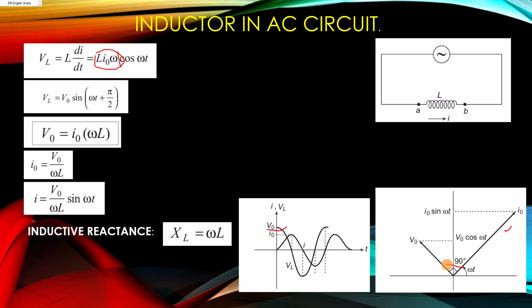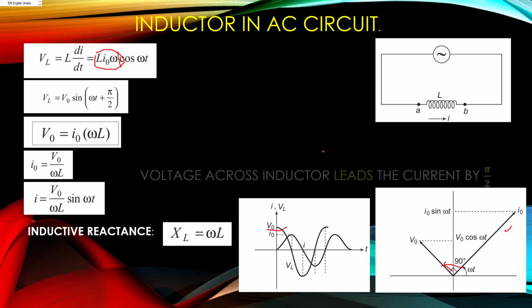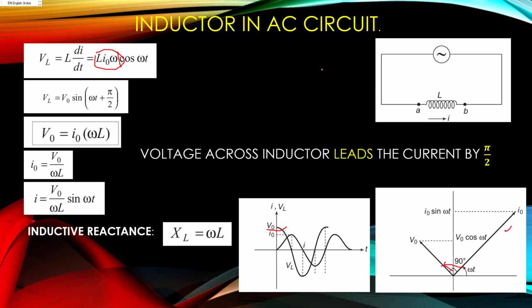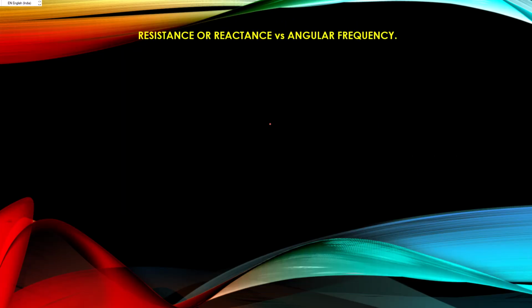Voltage leads the current by pi by 2 because it is in the anticlockwise direction. So in an inductor, the voltage across the inductor leads the current by pi by 2. Here voltage wins, but for the capacitor, current wins.